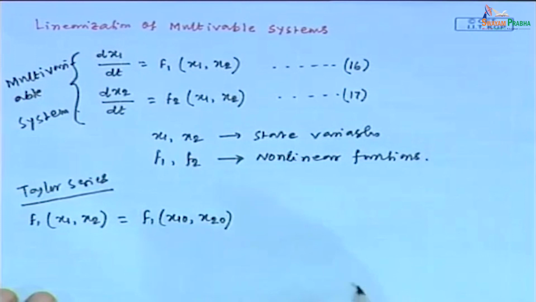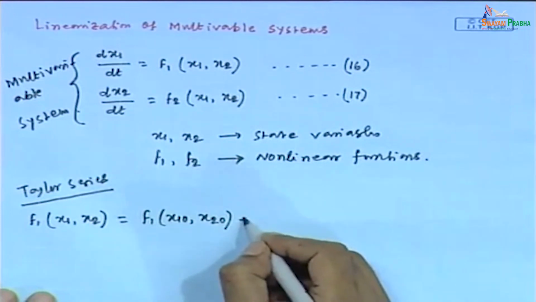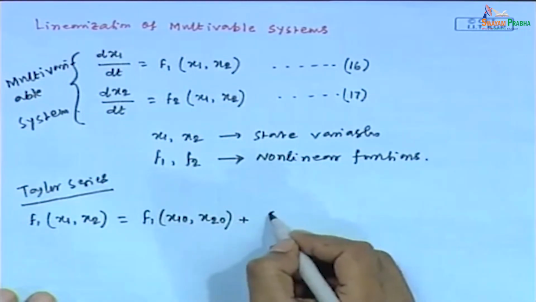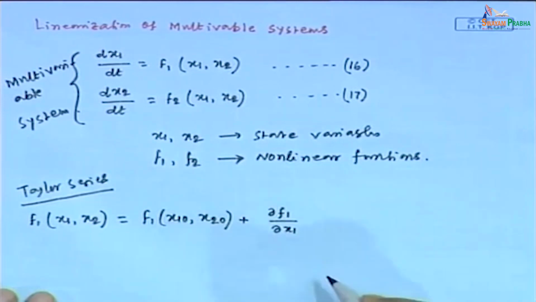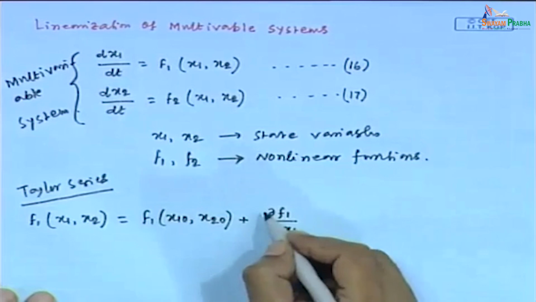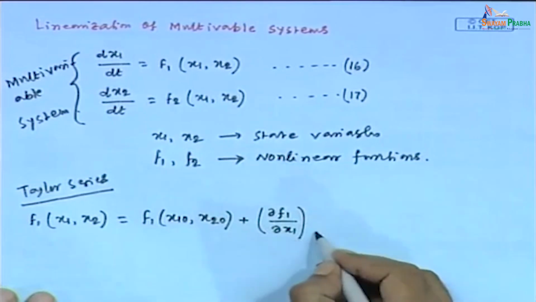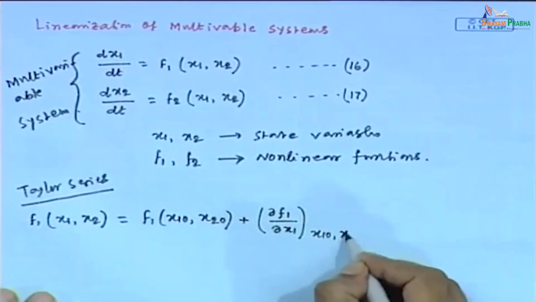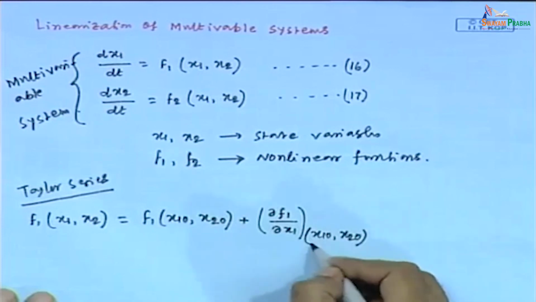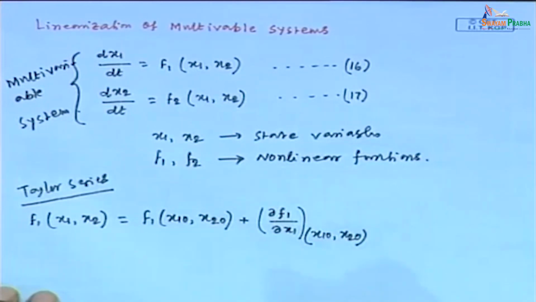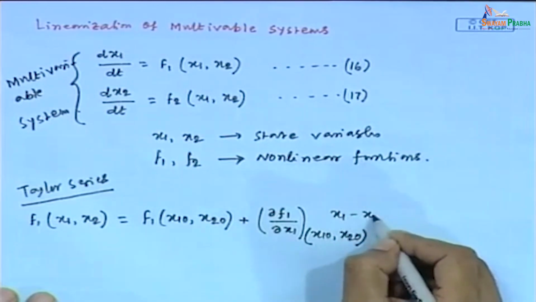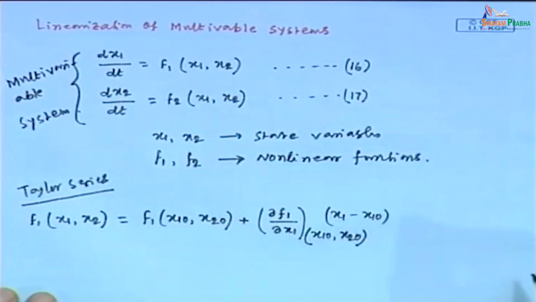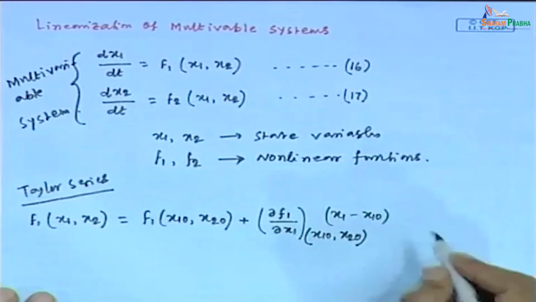The next term will be the differentiation of f1 with respect to x1, represented at a particular operating point, x1 naught, x2 naught, multiplied by x1 minus x1 naught.